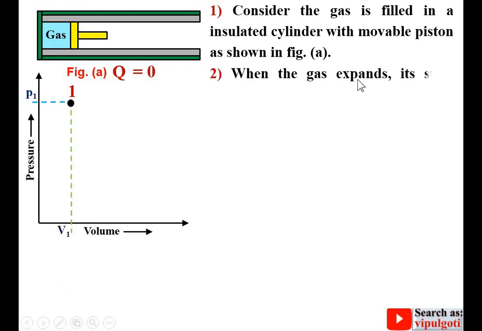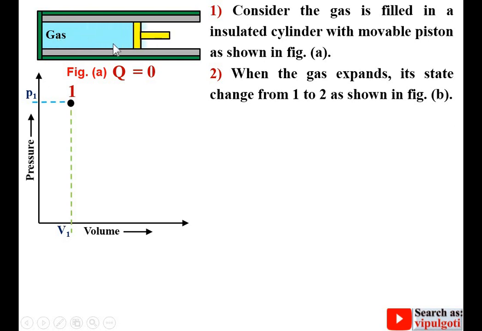Now next, when the gas expands, its state changes from 1 to 2 as shown in figure B. So let's consider over here, this is the initial position, that means state 1 of the gas. Now it is expanded. So what happened over here? See carefully. This is the new position of this gas, and the corresponding state is known as the final state of this gas after expansion.